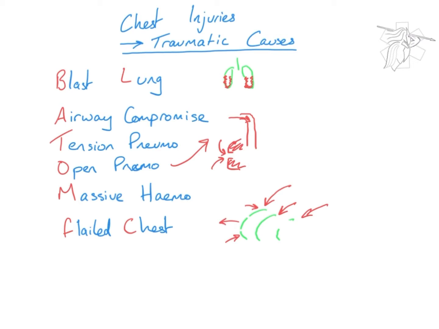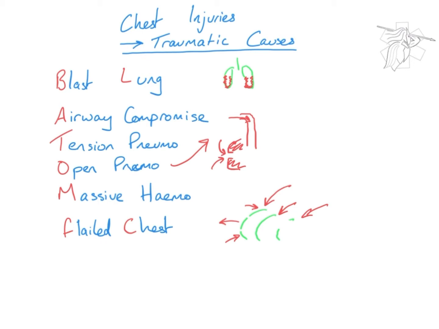As your ribs on inspiration lift upwards and outwards, you'll actually get a drawing in of this flail chest segment, and then the reverse when you exhale. As your chest comes back to rest, this flail chest segment will move outwards, and it's quite easily spotted when you see it. It's quite obvious that there's something abnormal going on there.